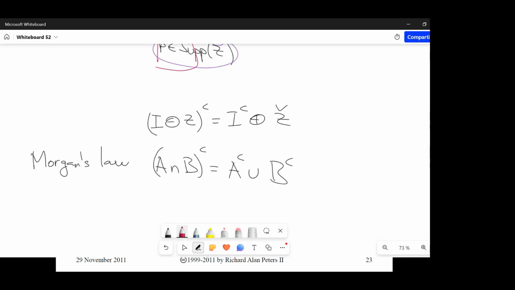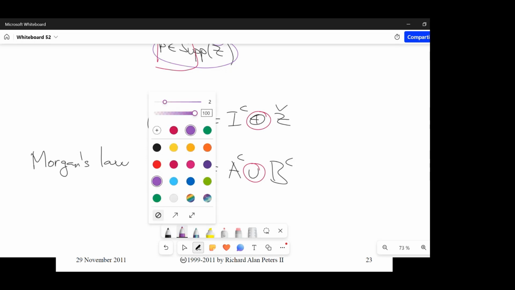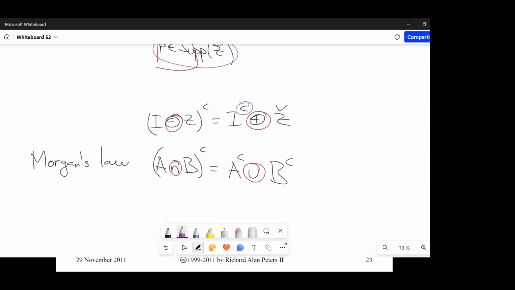We have a couple of operators, one is the opposite of the other. If I want to compute the complement of one of them, it is the other one applied to the complement of the two elements. And this is not exactly a complement, but it's almost like a complement.